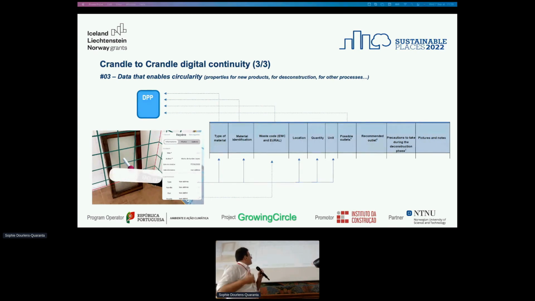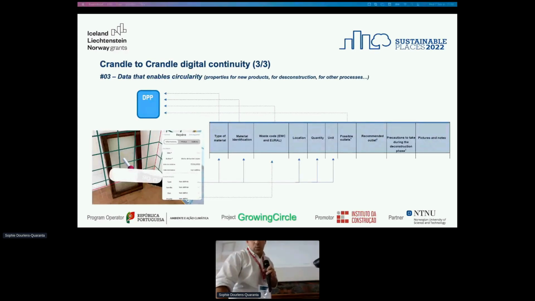So we have here some examples. I need the type of material, the material identification, the waste code. The waste code is quite relevant, and it is something that manufacturers can provide when they are producing their products, right at the beginning of the life stage. Also the composition, because it is relevant for us to understand what the possible outlets are, if it is possible to be reused, recycled, etc. Also the location, the quantity, and the units are something that we can fill in while we are doing the scan.